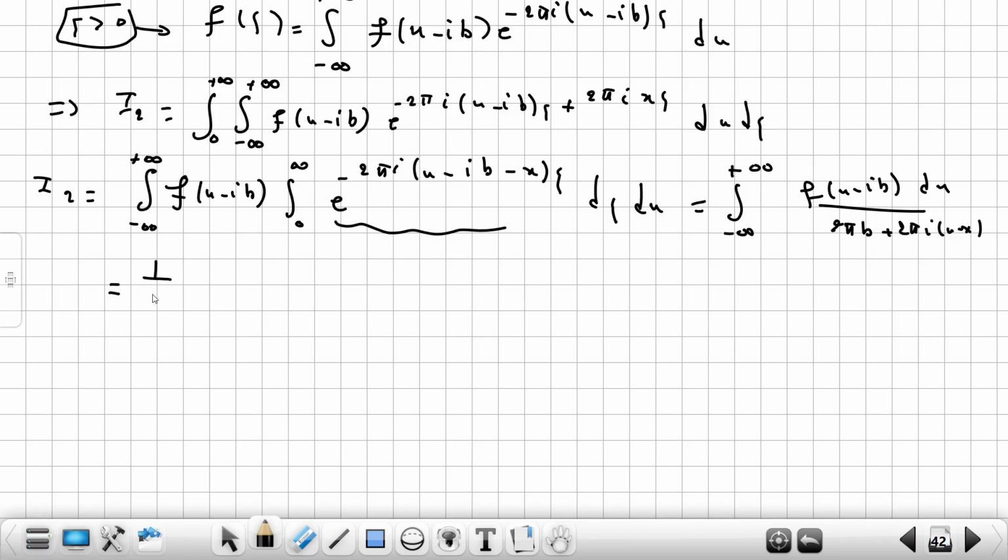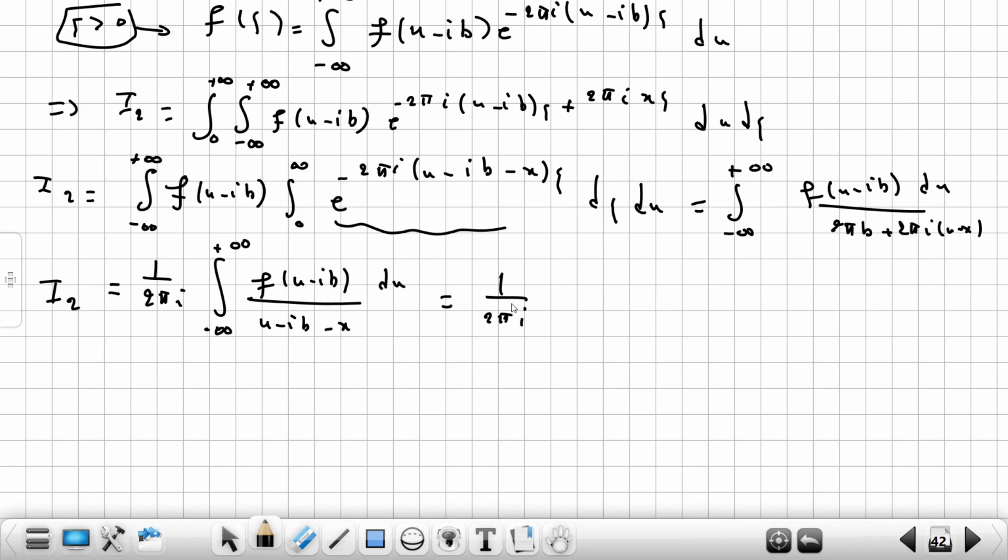You can pull 2 pi i outside the integral and find that I2 is equal to 1 over 2 pi i integral from minus infinity to plus infinity of f of u minus ib du over u minus ib minus x.